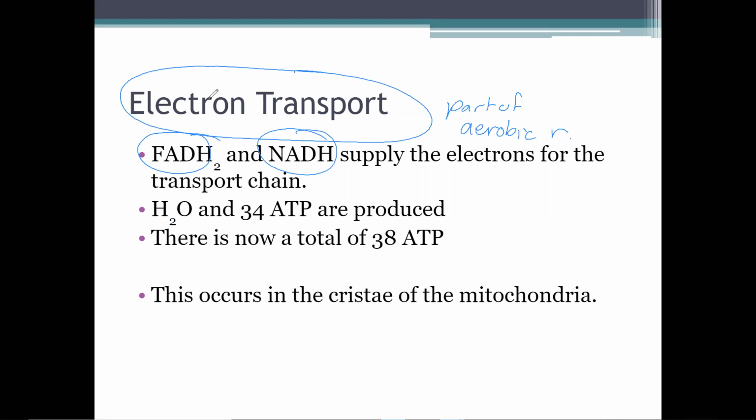So make sure that you realize that the electron transport chain is part of the aerobic process. When that happens, water and those 34 ATP are going to be produced, okay? So now we are at a production of 38 ATP total. This electron transport chain is not going to occur in the matrix of the mitochondria, but in something called the cristae. Okay, cristae of the mitochondria.